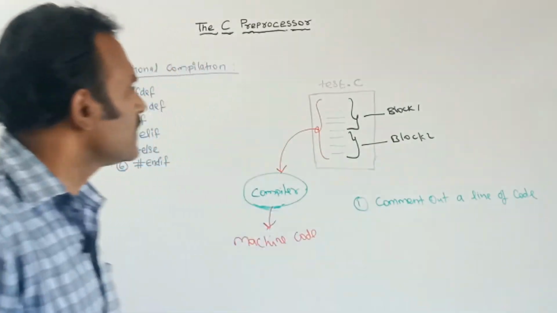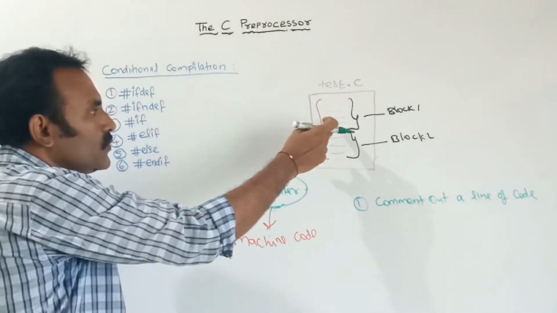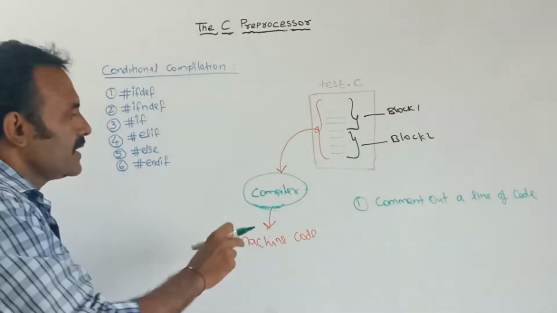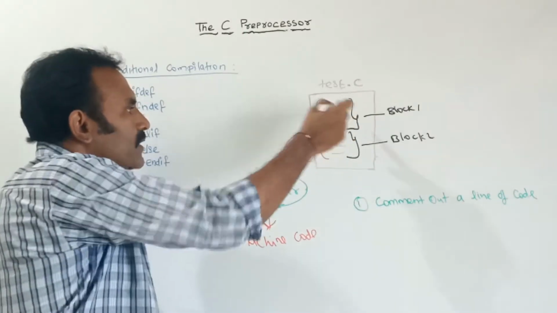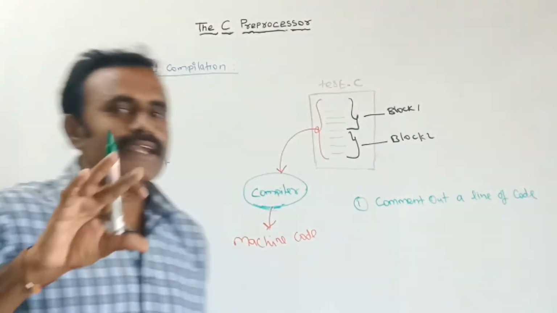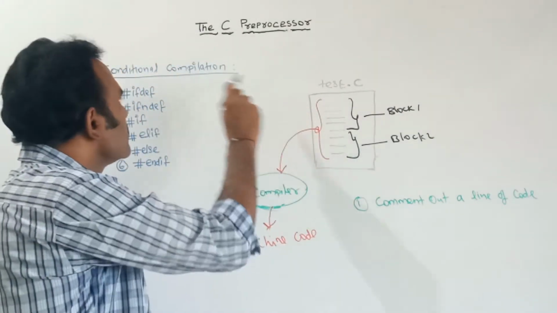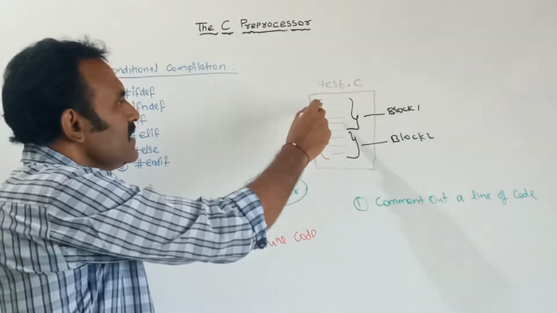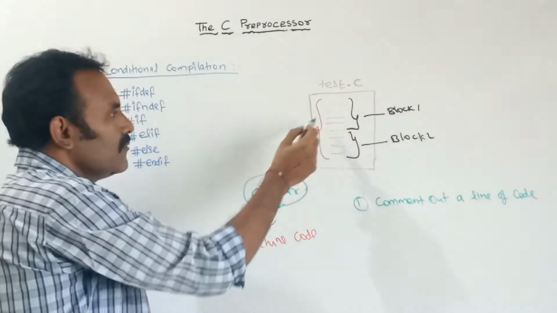That means, suppose we do not need block 1 to execute. By using conditional compilation, we can ignore this block 1 at translation time. By using this preprocessor command, we can block it, so the compiler will skip this block of statements.